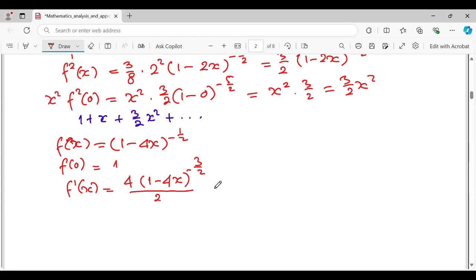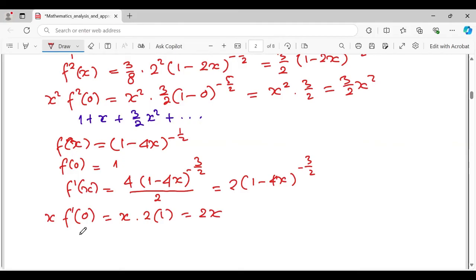So it's going to be 4 divided by 2, 2 times (1 minus 4x) to the power minus 3 half. And according to the Maclaurin series, x times the first derivative at 0 is 2 times 1, 2x.